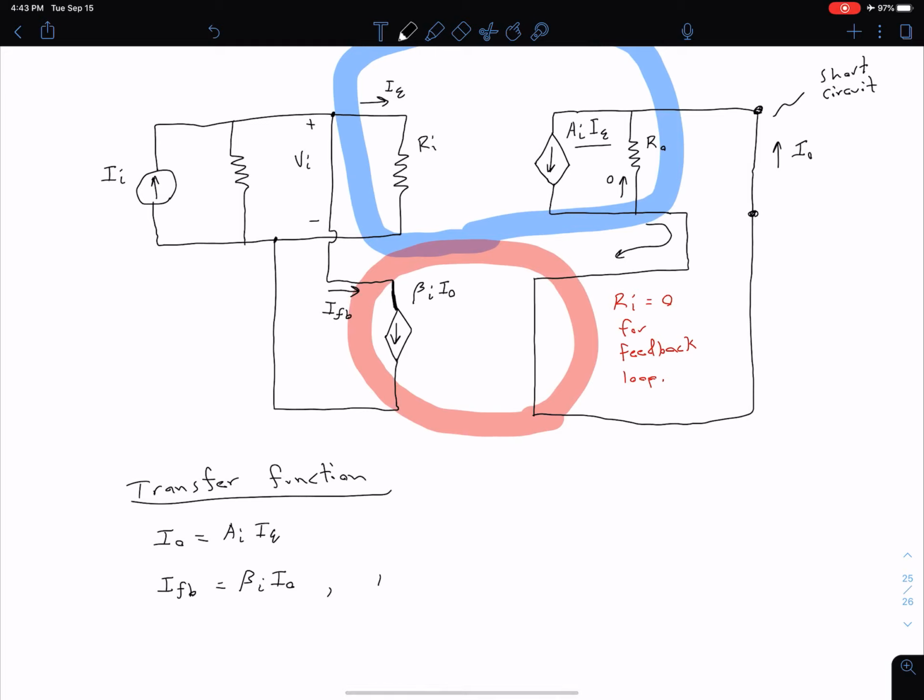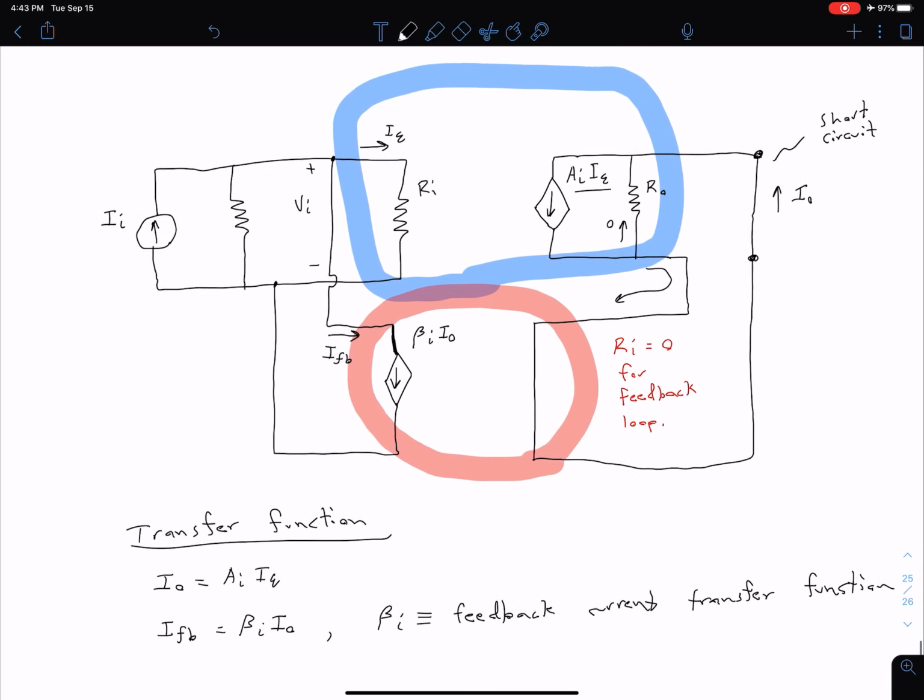Just like with our voltage, we had a slightly different beta value, so same thing here. This is our feedback current transfer function. Same basic idea as our feedback transfer function, except now we're saying it's specific just to current.